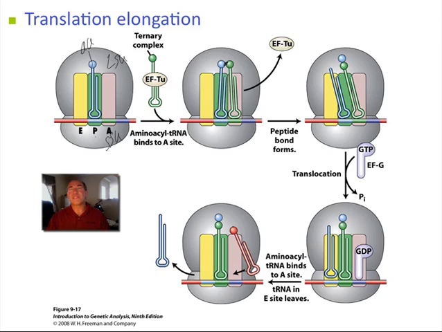These are other factors called elongation factors. The whole ribosome then moves down 3 bases, such that this second transfer RNA is now in the P site, and the A site is now free to allow a second transfer RNA to move in to then join peptide bond between those two as well.